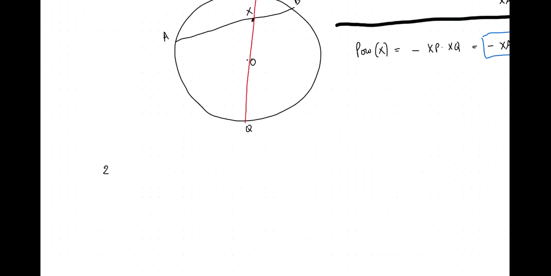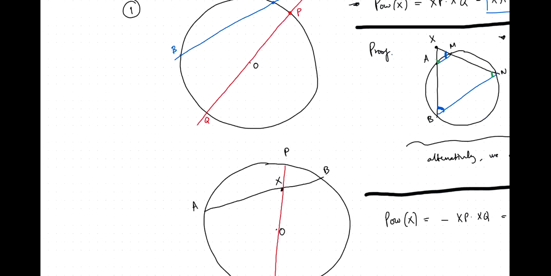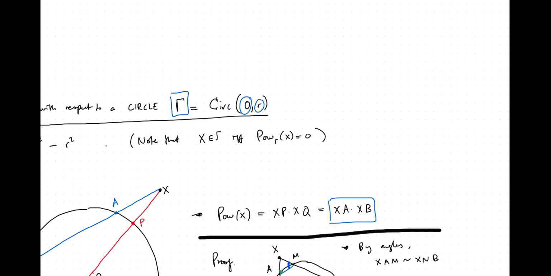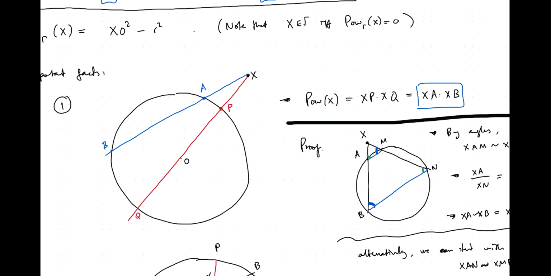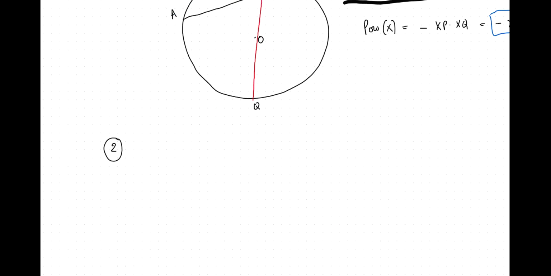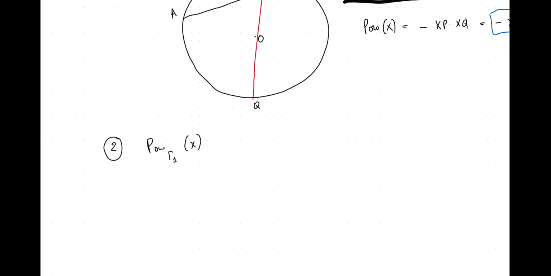The next important fact is when we try to write some equalities using power and look at the geometric interpretations of those. When we say that the power of x with respect to gamma is equal to something, like in here, when it is equal to 0, the geometric interpretation is that x is on the circle. Another thing is to take two different circles and say the power of a point is equal with respect to the two circles.